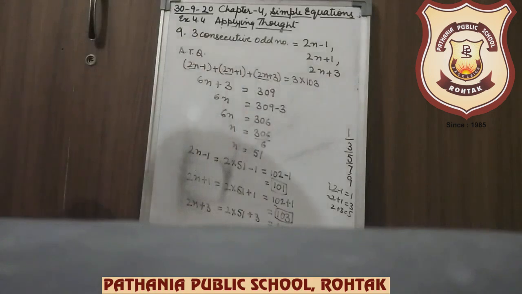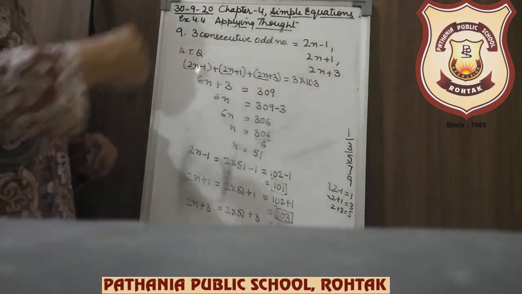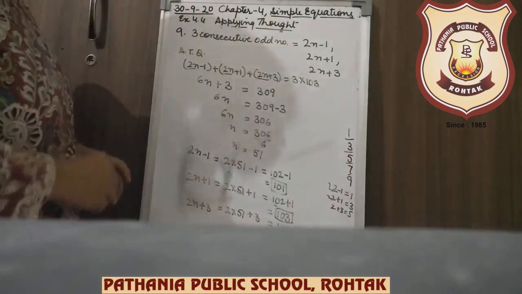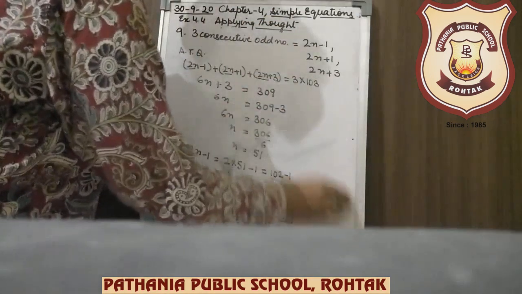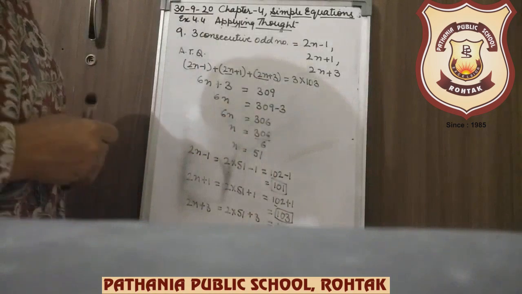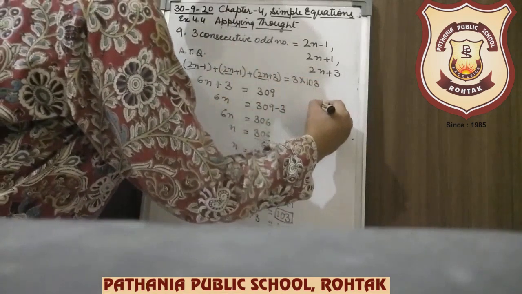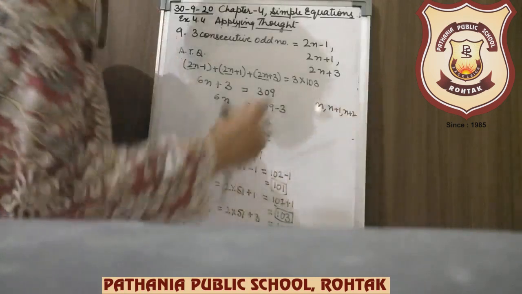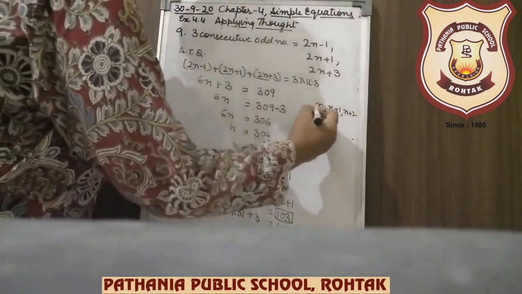Is that clear? So write separately the consecutive numbers. Simple consecutive numbers are n, n plus 1, n plus 2, and the series will keep on going.